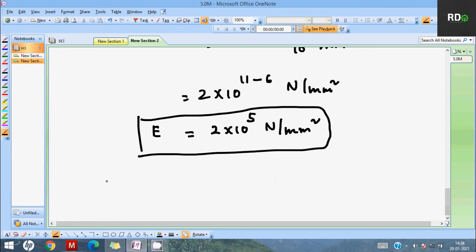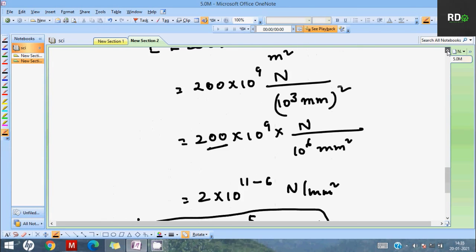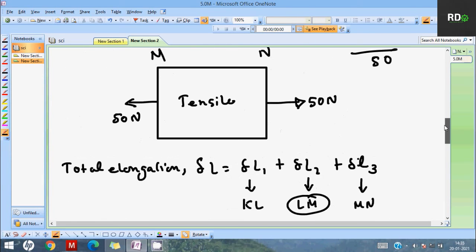So what was your formula? Del L is equal to 1 by 25 into 2 into 10 to the power 5, and we have to put the values of P1 L1. Let me go back.